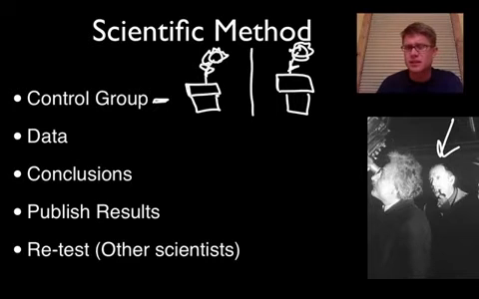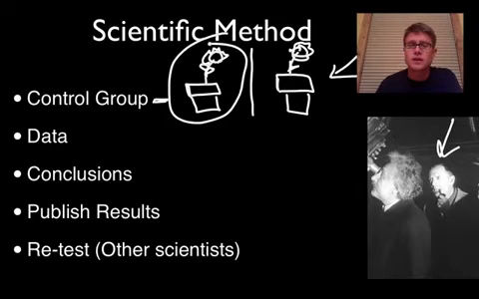The control group sometimes seems counterintuitive, but what is the control group? It's another group of plants that we're not exposing music to. Why would we do that? Well, we want to make sure that it's really the music that is affecting the plants, and it could be something else. So if we see differences between these groups and the control group, then we can say that that's accounted for by the music.